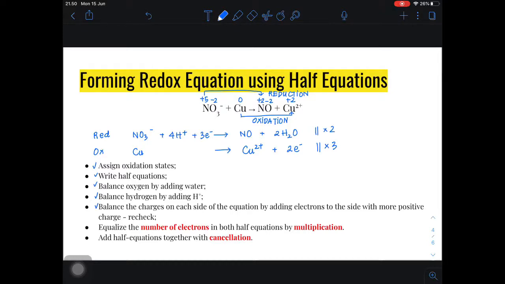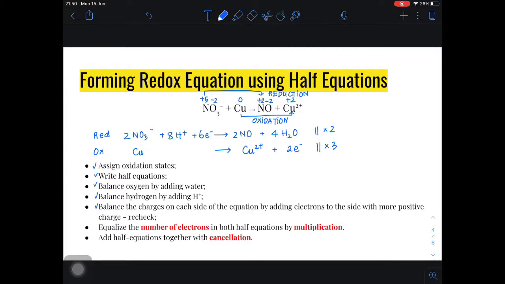What we will have is 2NO3- plus 8H+ plus 6 electrons gives you 2NO plus 4H2O.